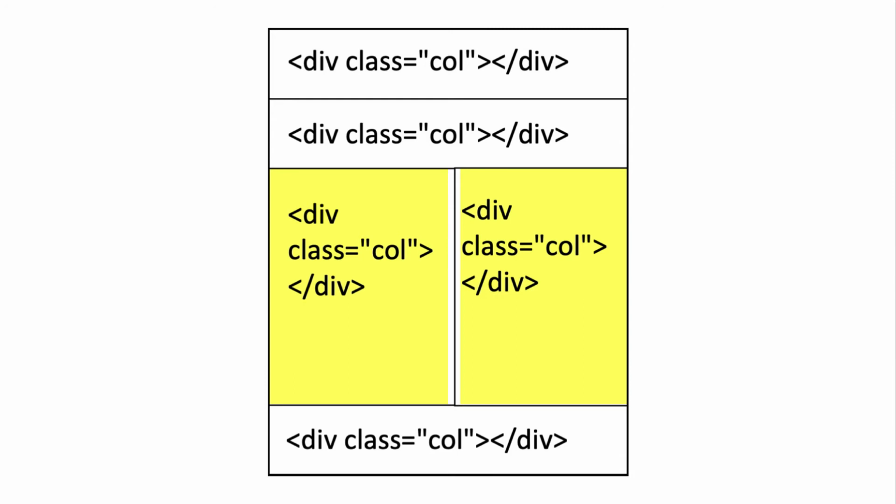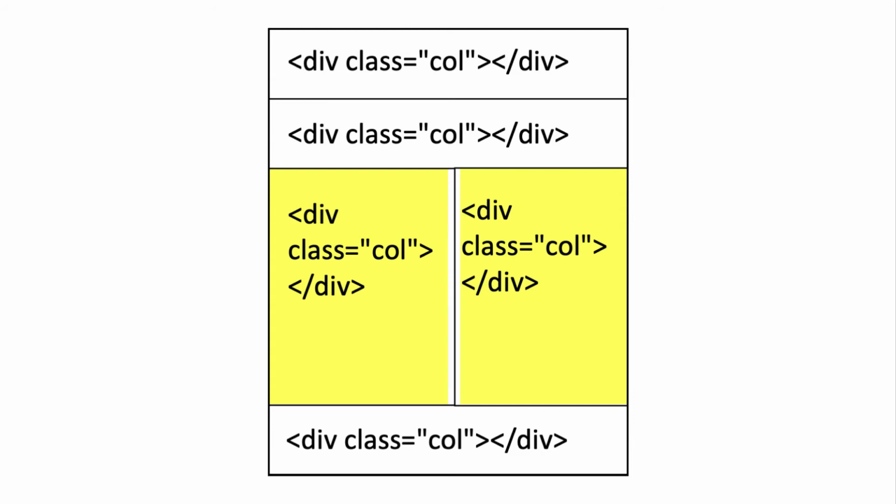Because the Bootstrap code tells the browser to have a look at the width of the row and the container, and basically say if you've got 1 column in there, it stretches the full 12 column width. If you've got 2 columns in there, put them side by side, divide up the 12 column grid so that each of those get 6 columns each.